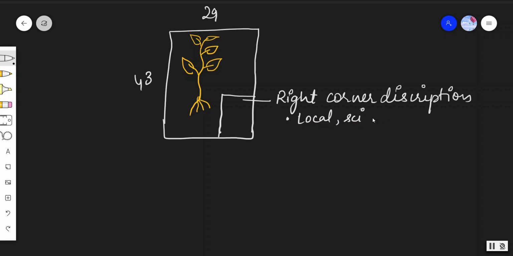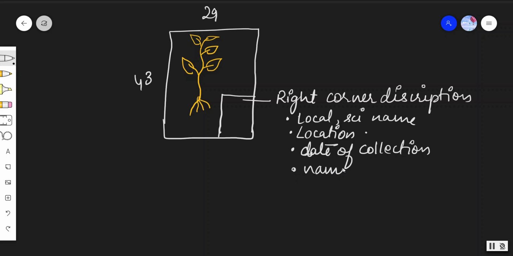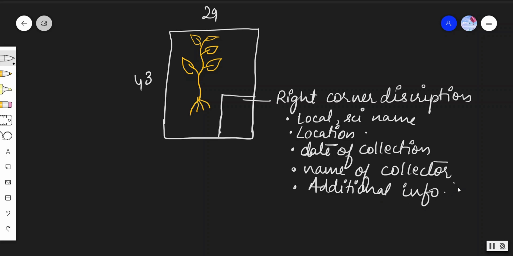The local and scientific name, location from where it has been collected, the date of collection, the name of the collector, who is the person who collected it, then other additional information if any, like habitat from where it was collected. This is about the herbarium sheet.